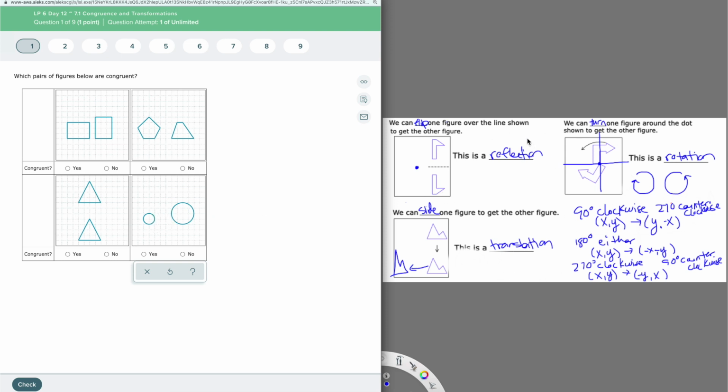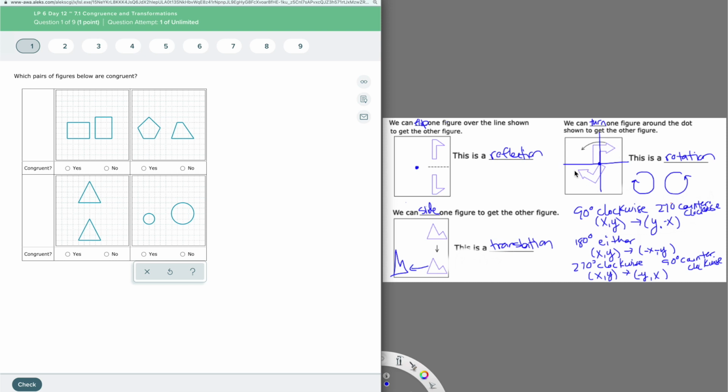So the 3 that we're looking at: we can reflect an object, so we flip it over, or we can think of it like a mirror image. If you look in the mirror, it's you looking back at you, but you're backwards, right? So it's the same image, just backwards. A translation is a slide, so I can slide it up, down, left, or right. And then I can also rotate an object.